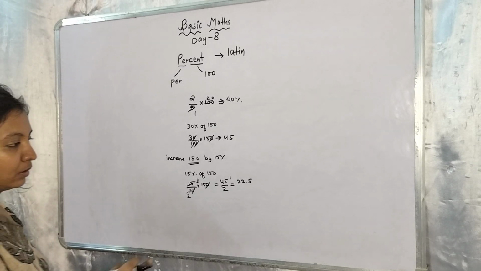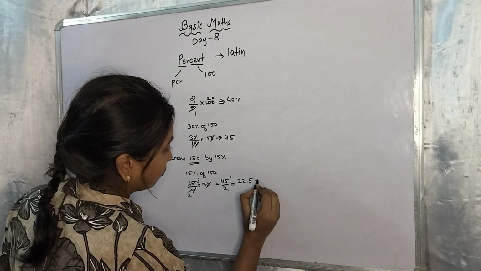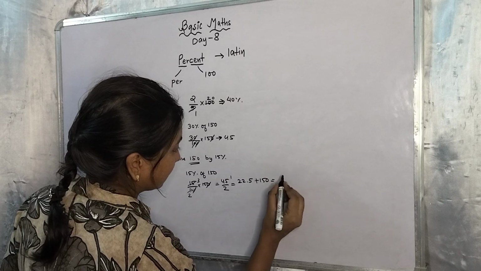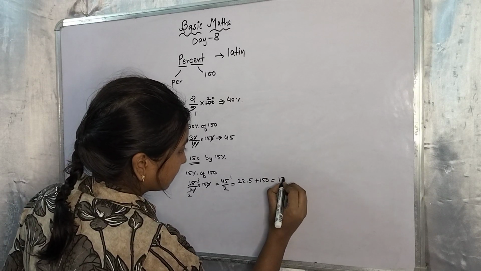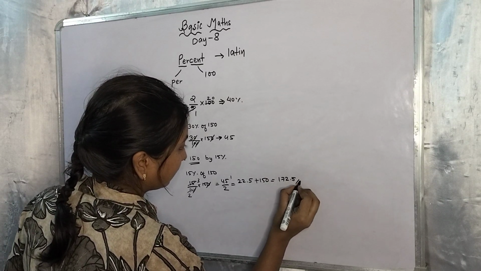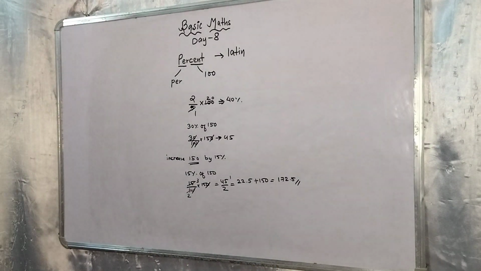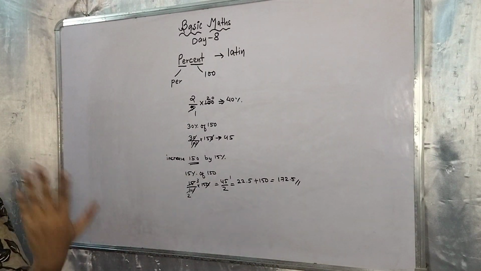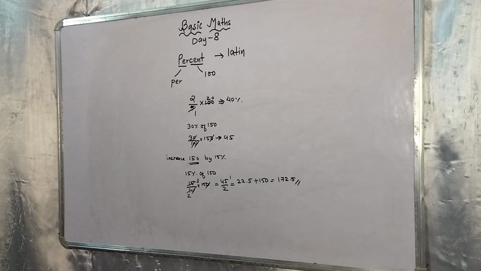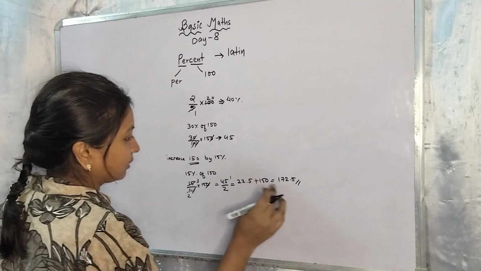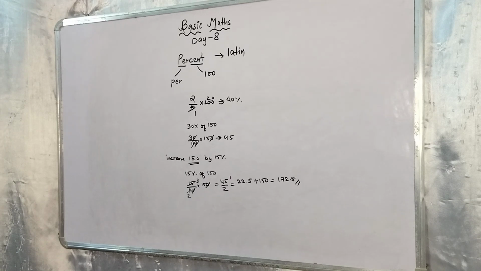So this is our increased amount. Now you need to add it to 150. So 172.5 is our increased amount. You are told that 150 got increased by 15%, so the total amount is 172.5.